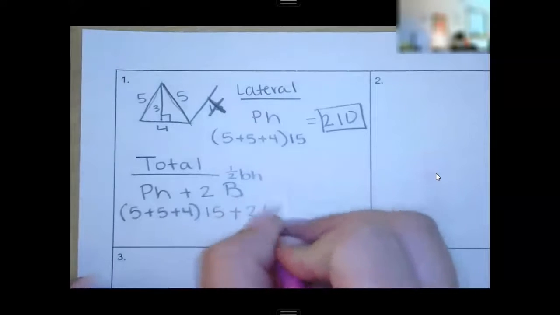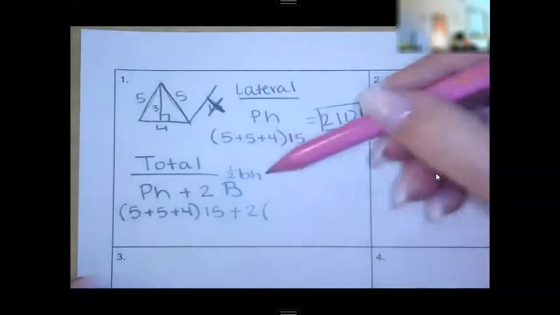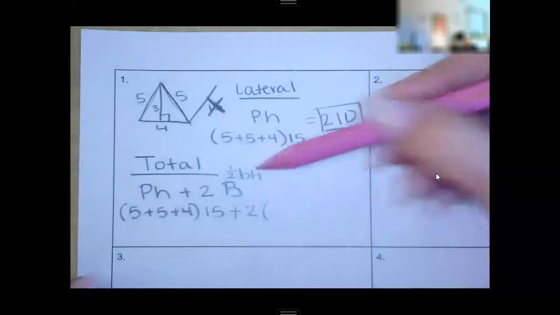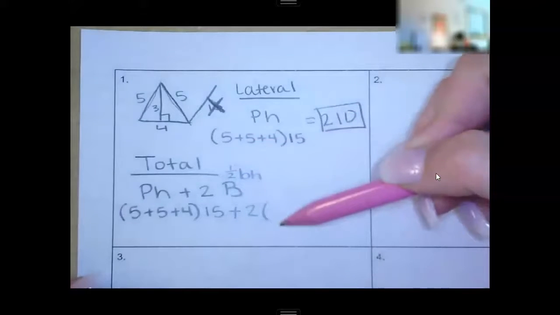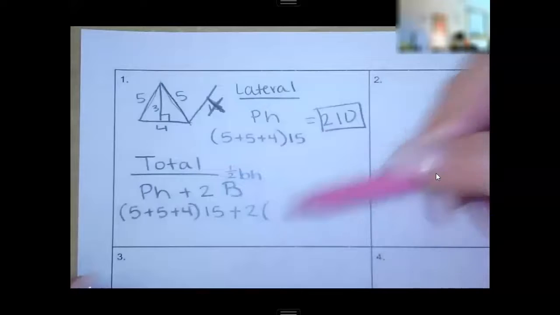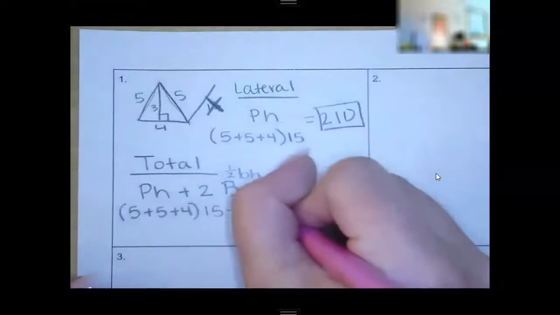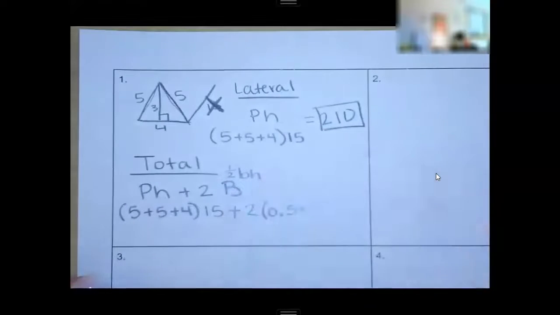Plus 2, open parentheses, and this is where we're going to input 1/2 little b little h. Instead of writing 1/2, I'm going to put 0.5 because that's what I'm going to type in the calculator. It's just easier.